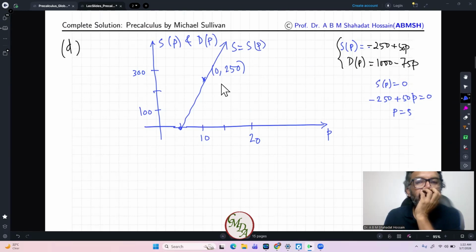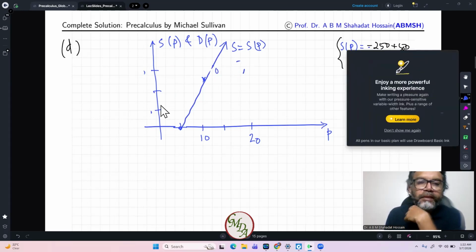And the second one has this intercept 1000, which is very big, so we can change the ticks. We need to think about this before. So let's change the ticks.